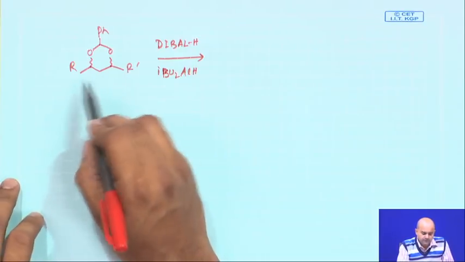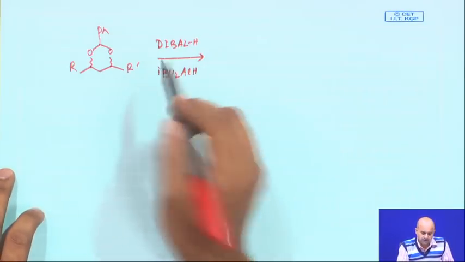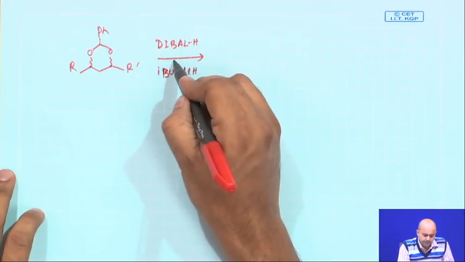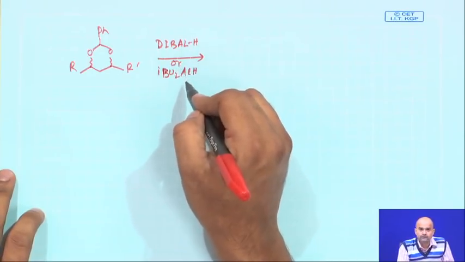Now, if you subject this acetal to DIBAL, what is going to happen? DIBAL is basically a Lewis acid.